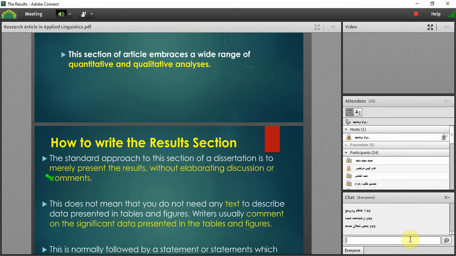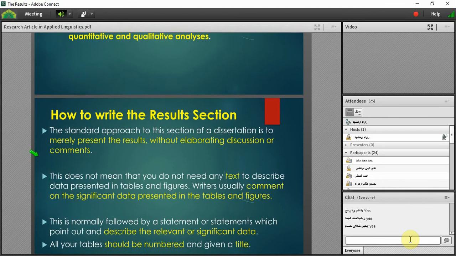Well, here is the main point about how to write the results section. My dear students, in the results section, you merely, which means just, present the results without elaborating discussions or commenting on the results. You just present the numerical results of the tests you have conducted.